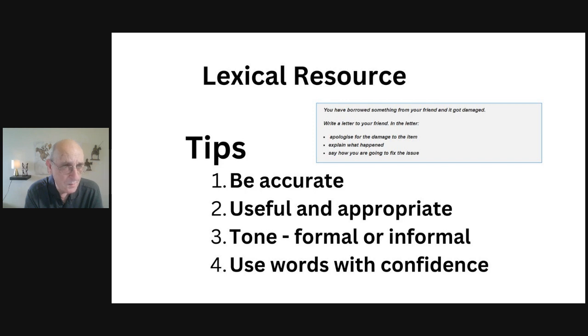And then the final tip, as I mentioned already, use words that are within your confidence level. Use words that you feel very confident using. And if you have that high intermediate or advanced level of English that's required for getting a Band 7 in the IELTS exam, you will have more words at your disposal than you really need. Just stay with the ones that you can use with confidence.